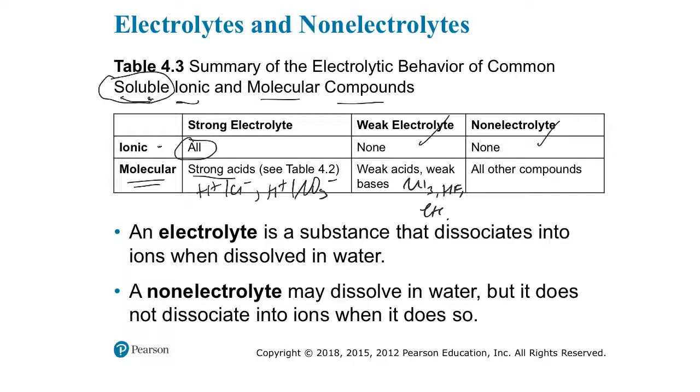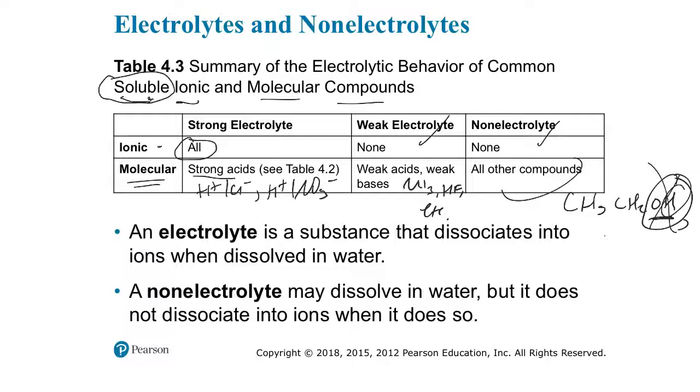Any other molecular compound that's dissolved in water should be a non-electrolyte in the solution. Some examples would be alcohols, say ethanol. You might think it releases hydroxide ion. It doesn't. You might think it releases H+. It doesn't really do that either. If it did, we'd probably have named it as some sort of acid. So that's not forming any type of electrolytic solution.